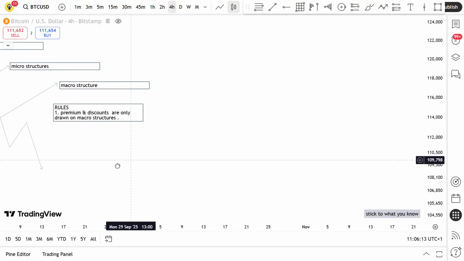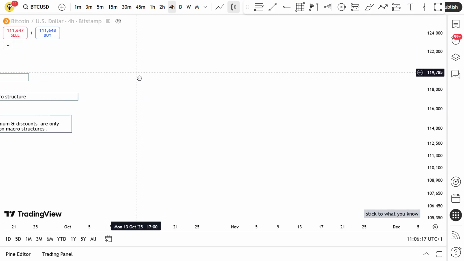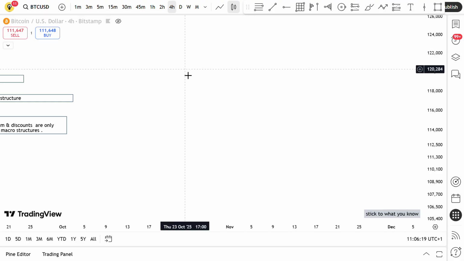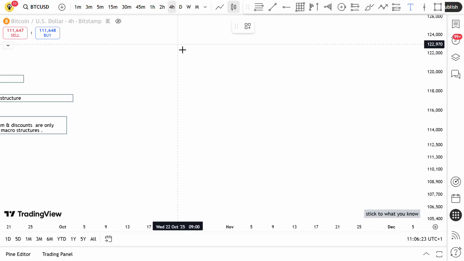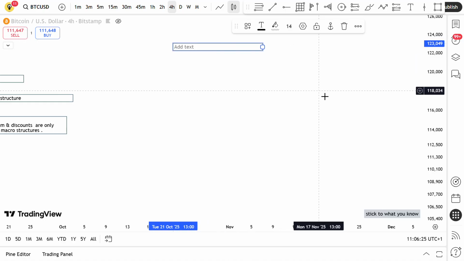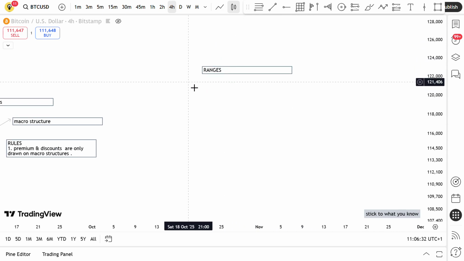So with this said, we are going down to ranges. What are ranges? Let's go down to ranges. So the next thing up is ranges. A range basically is a structure that contains a strong high, a strong structure, and a weak structure.